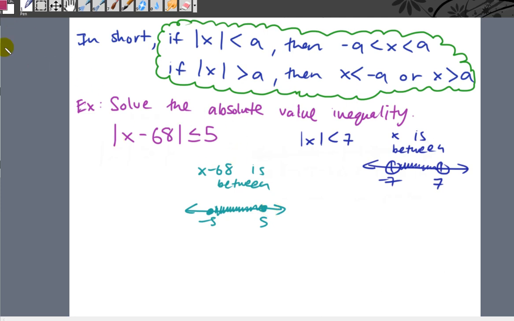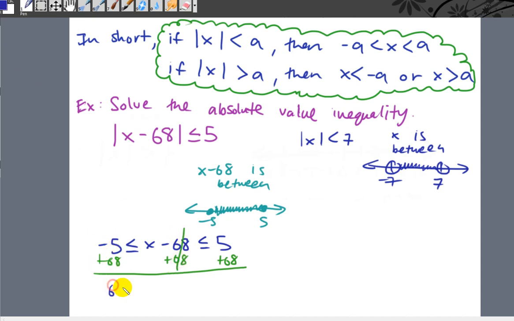Let's go ahead and manipulate this. We get negative 5 is less than or equal to x minus 68 is less than or equal to 5. Then we can solve for x by adding 68.